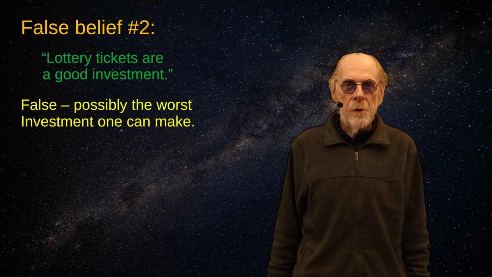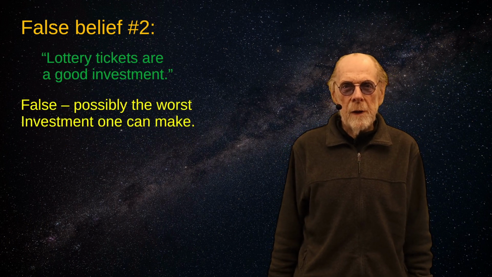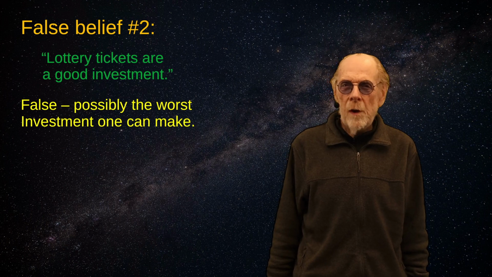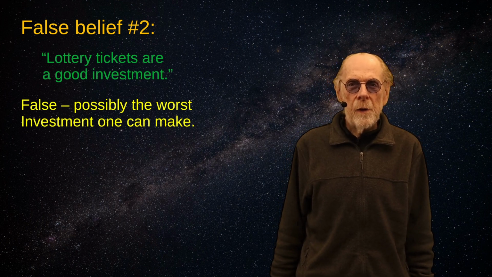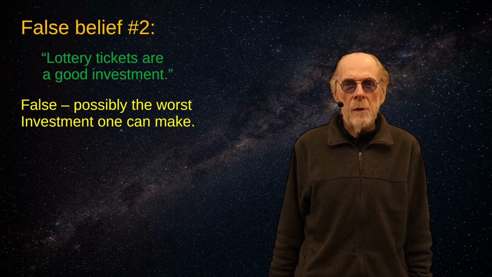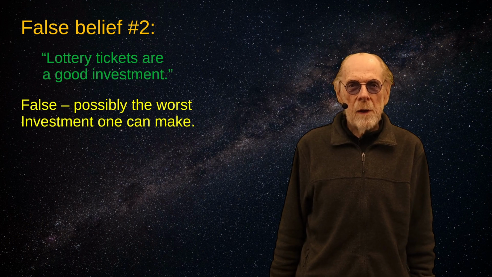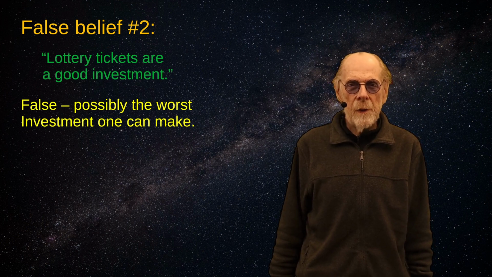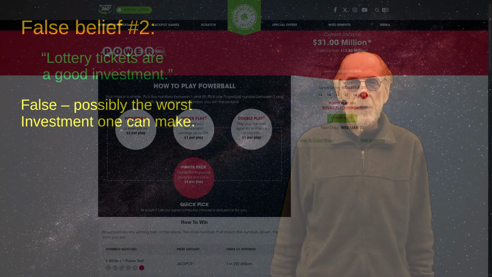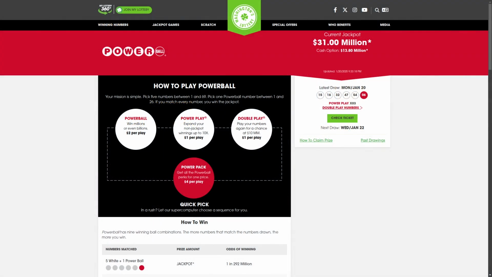False belief number 2. Lotteries are a good way to get rich. Totally false. Please think about this. If there was a reasonable chance to get rich buying lottery tickets, lotteries would collapse. But lotteries make huge amounts of money from math illiterates. Here are the numbers for my home state's lottery on the day I write this. A ticket costs $2. The jackpot is $13.8 million if you cash out, which is the recommended action.